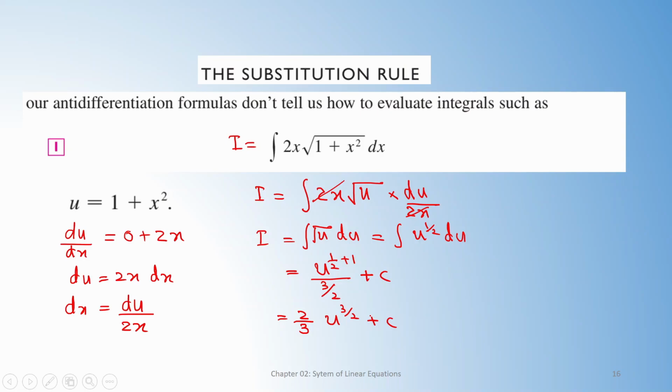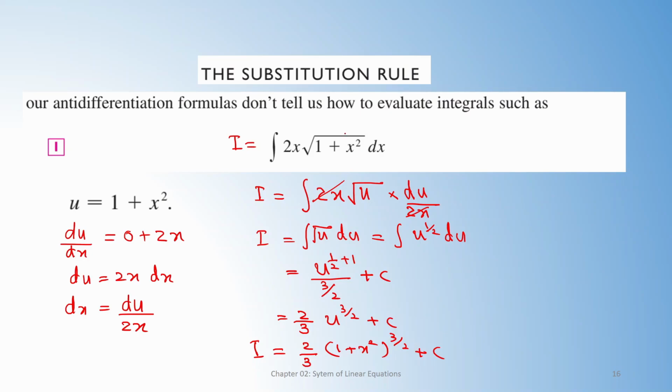But in this case, the answer is in terms of u, but u is not in our original problem. So we have to substitute once again: 2 over 3 times u, where u is 1 plus x squared, to the power 3 over 2 plus c. Now you can see that through the substitution u is equal to 1 plus x squared, we can easily integrate the given problem.